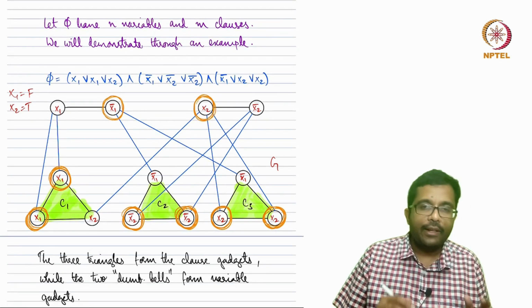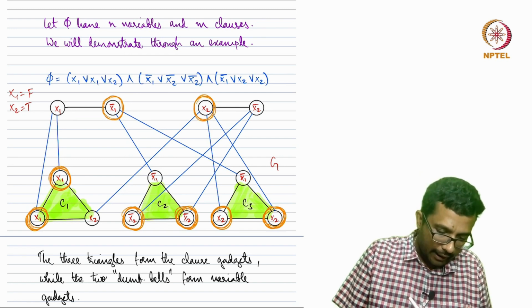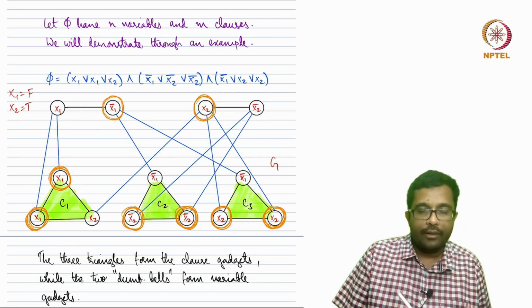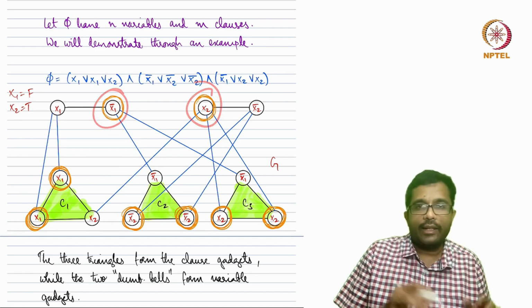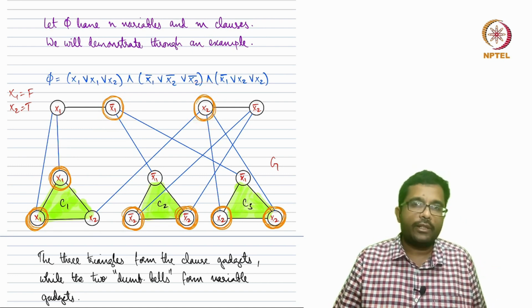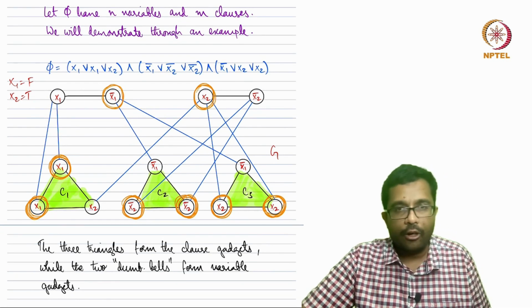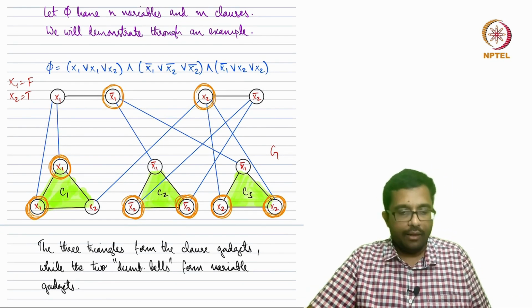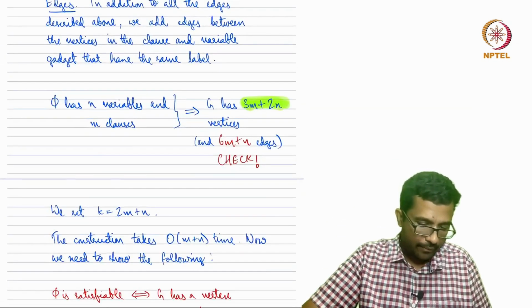And similarly, if we have a size 2m plus n vertex cover, we first argued that it has to have exactly two vertices from each clause gadget and exactly one from each variable gadget, and the one from each variable gadget tells us which variable to set to true and which to set to false, and together this forms a satisfying assignment, right?